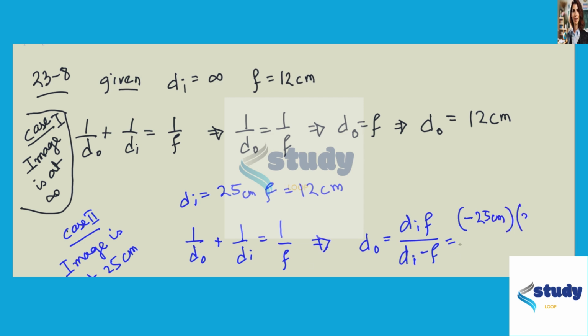Then we have 12 centimeters divided by negative 25 centimeters minus 12 centimeters, and that gives us an object distance of 8.1 centimeters.